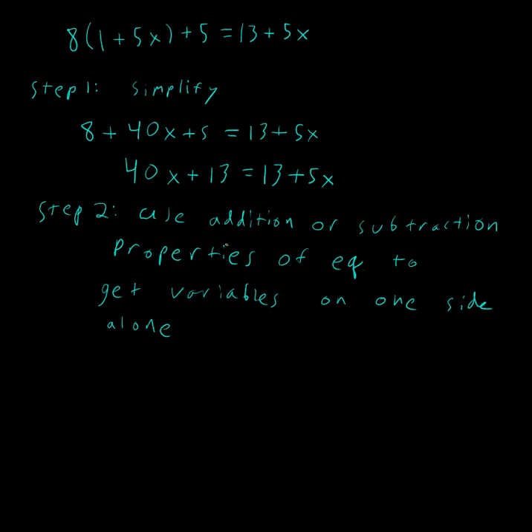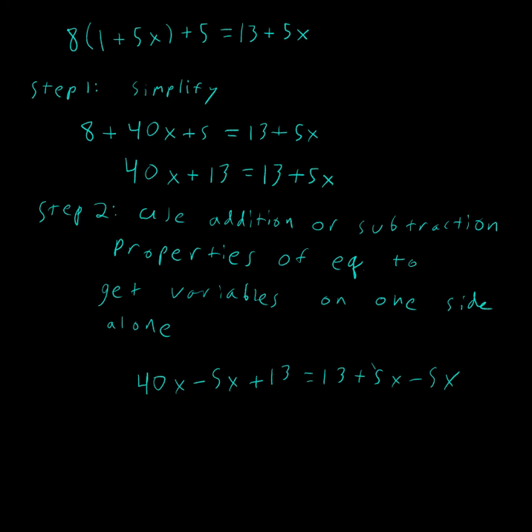So first thing we probably want to do is get rid of this 5x. So we would subtract 5x from both sides. And so we would get 40x minus 5x plus 13 equals 13 plus 5x minus 5x. And here we just use the subtraction property of equivalence.